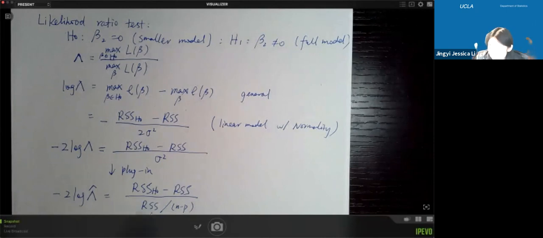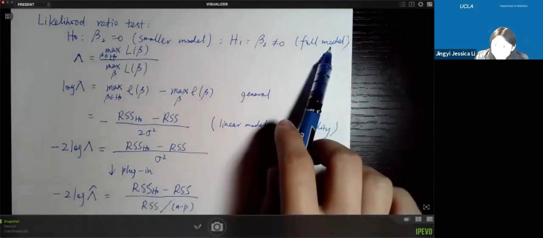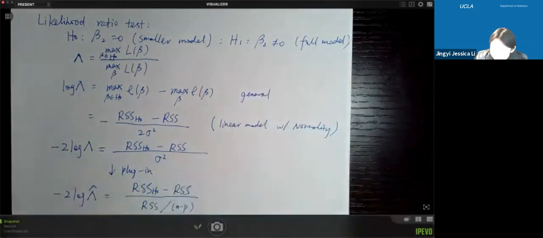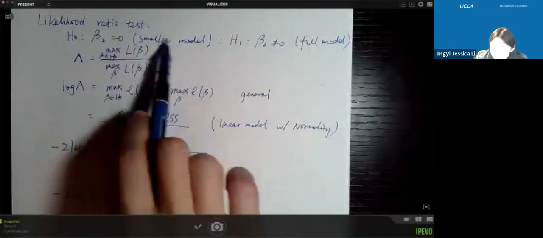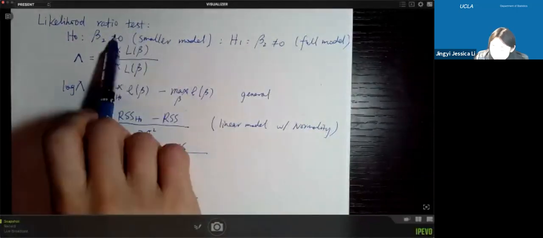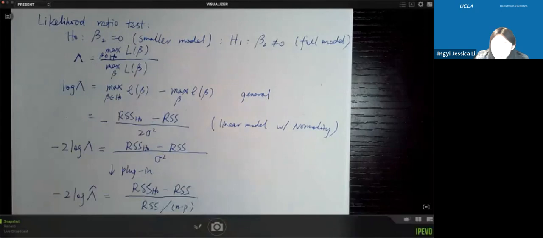So when we estimate sigma squared, we use the model we start from, not the beta we're interested in. So it's not really related to whether beta 2 is 0 or not, because no matter what, we are still trying to fit the full model as the starting point. So that's why we use the RSS instead of the RSS H0. We don't want to get the null hypothesis into the estimation of this ancillary parameter.